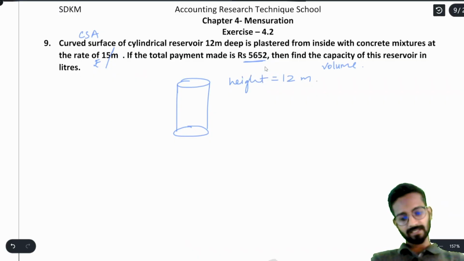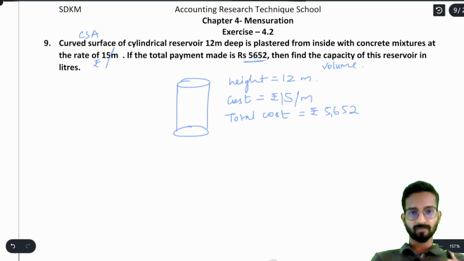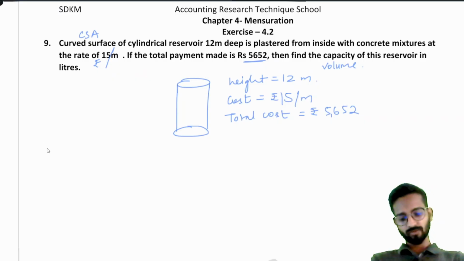Okay, they are saying the cost is 15 rupees per meter and the total cost is rupees 5652. Now understand this, when you are putting some concrete mixture in that particular curved surface area, so what will be your total cost?